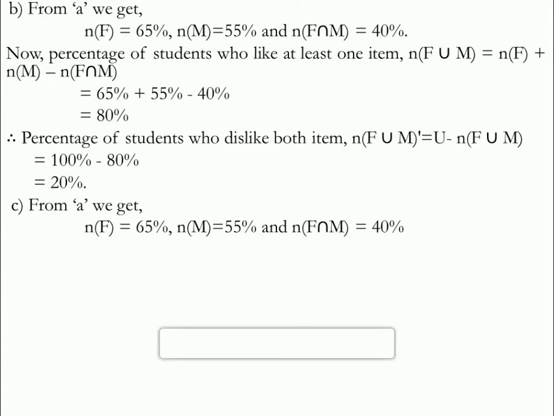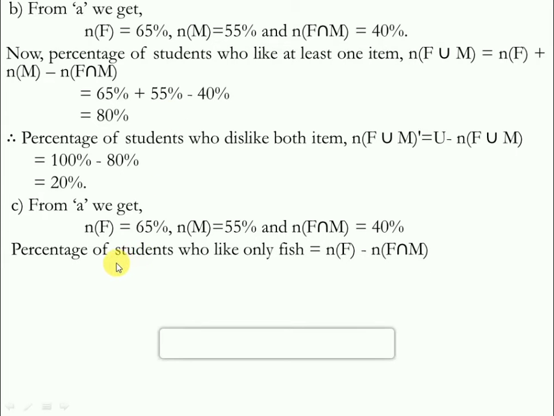Now from A we get this information. If we want to find out the percentage of students who like only fish, that means total n(F) minus the total number of fish and meat liking students. So we know the total percentage who like fish is 65%, and who like both fish and meat, that percentage is 40%.